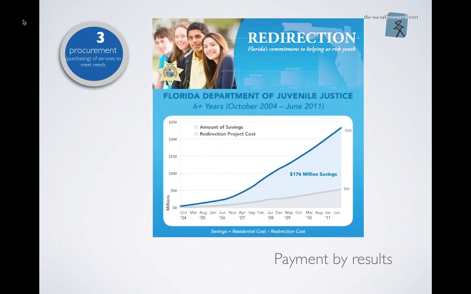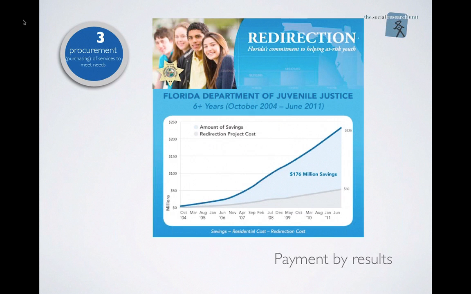Project Redirection has expanded significantly since it started in 2004, when it served 154 young people. By December 2012, over 8,800 young people and their families had received one of the 3 programs.